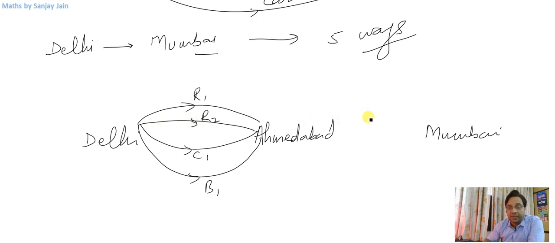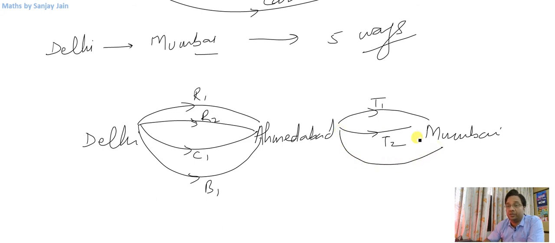Okay. And then from Ahmedabad to Mumbai, you have got these ways, some T1, T2. Now these are modes of transport or routes that you can choose. So there is another way, that is you can use a car from Ahmedabad to Mumbai.